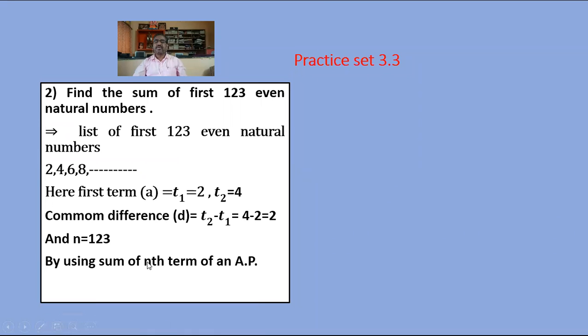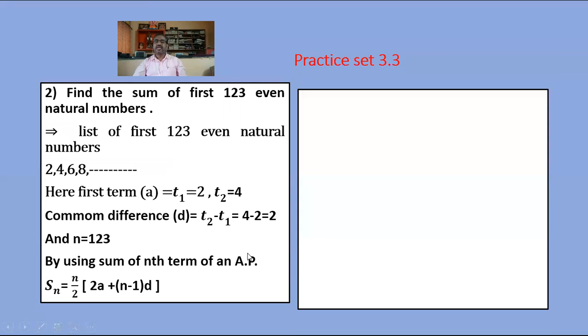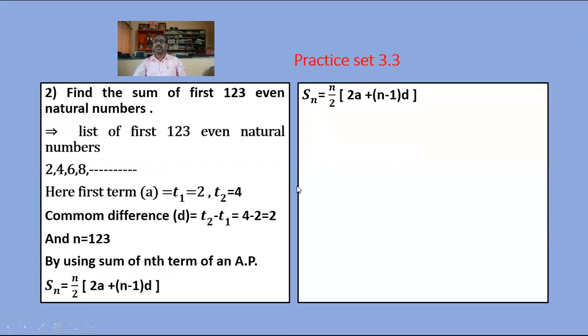By using the sum of n terms of an arithmetic progression, Sn is equal to n upon 2 in bracket 2a plus n minus 1 multiplied by d. Here the value of n is 123. So S123 is equal to 123 upon 2 in bracket 2 multiply the value of a, which is 2, 2 multiply 2 plus 123 minus 1 multiply 2.